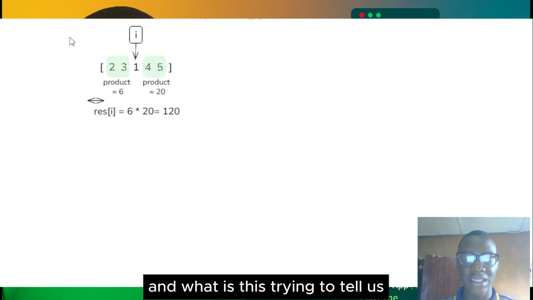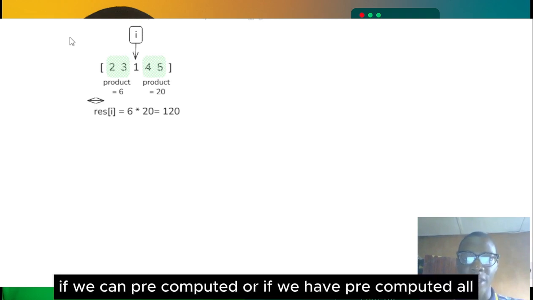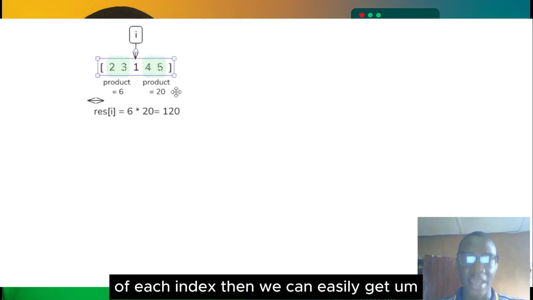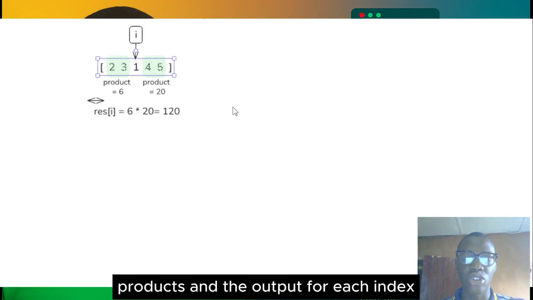And what is this trying to tell us? What this is trying to tell us is that if we have pre-computed all products to the left and to the right of each index, then we can easily determine the output for each index.